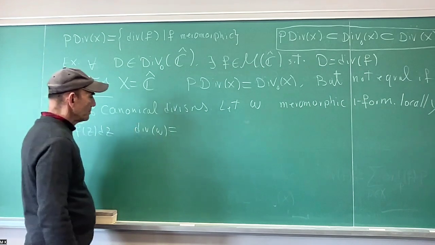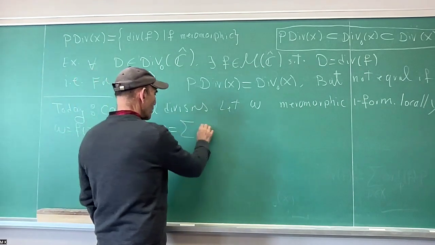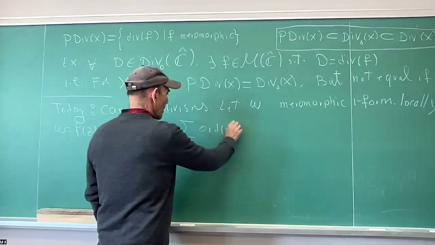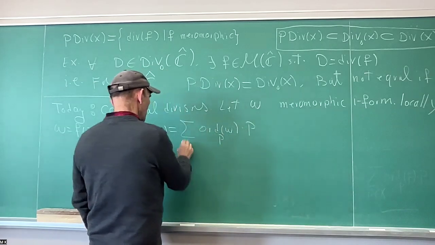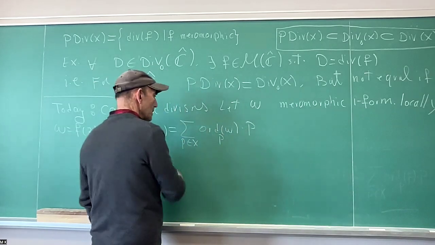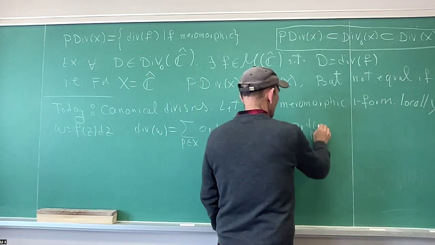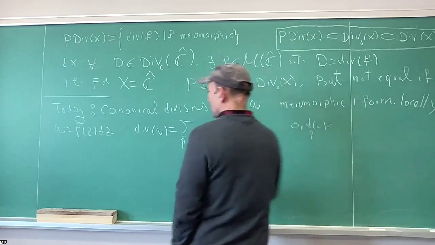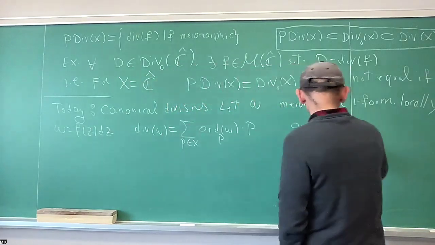the divisor of omega to be the sum of order of omega at p times p, p belonging to S, where order of omega at p is the order of this function that defines your meromorphic one form.